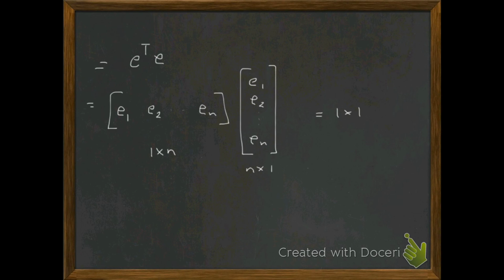Well, if we multiply the first term times the first term, we get e sub 1 squared. Taking a linear combination, we get e sub 2 squared. And then e sub n squared is the sum of our e sub i's quantity squared.